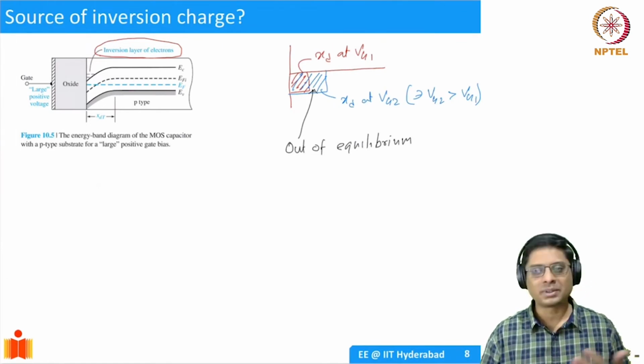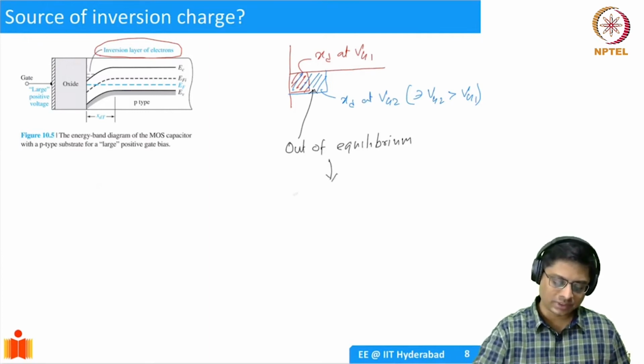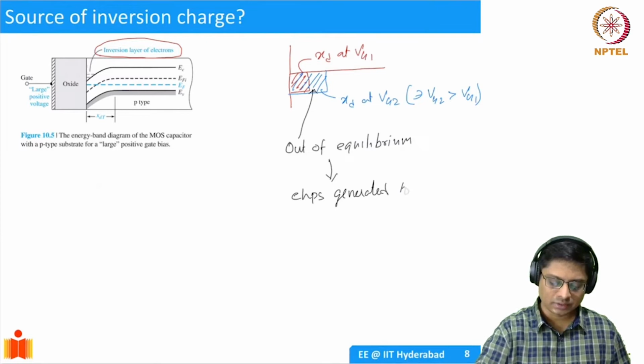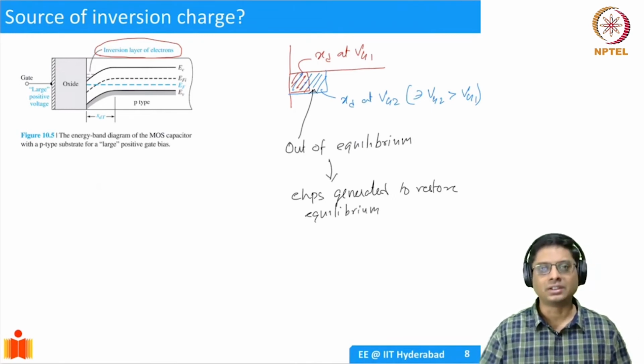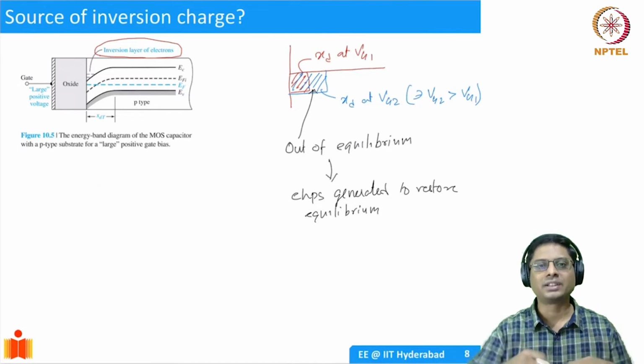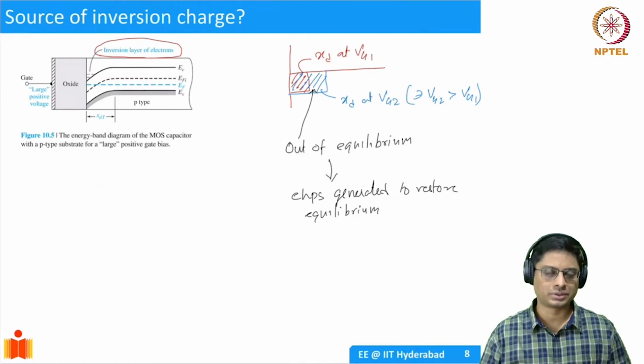So basically, EHPs are generated to restore equilibrium. What does it mean? Well, the bonds in the lattice are going to break, and then there are going to be more electrons, and correspondingly there's going to be a hole also. That's the electron hole pair generation process we'll see.